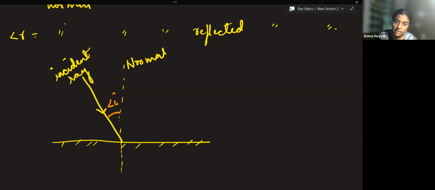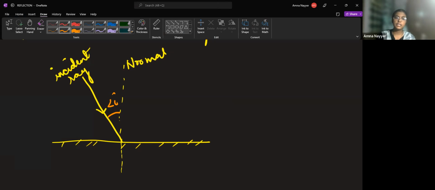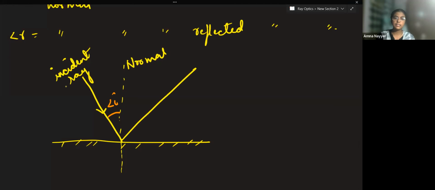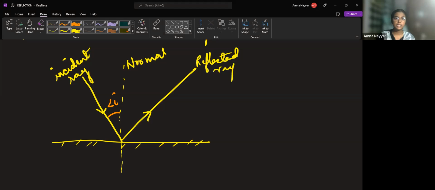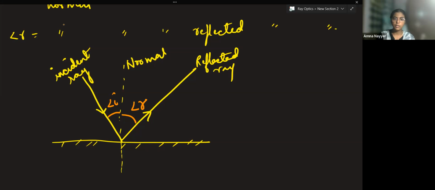The angle is formed between the incident ray and the normal. Then this gets reflected. This is your reflected ray. This angle is the angle of reflection, the angle formed between the normal and the reflected ray.